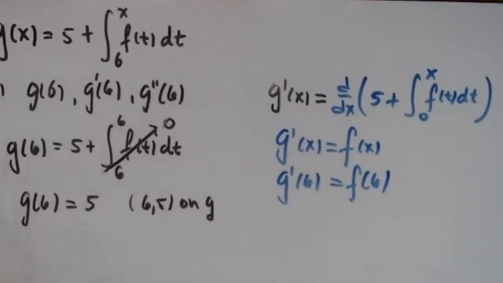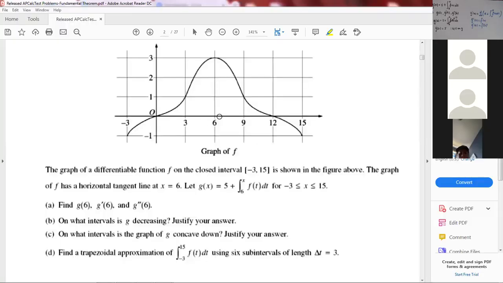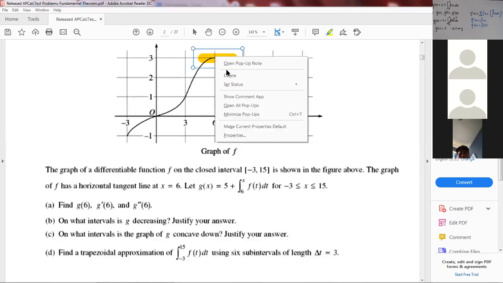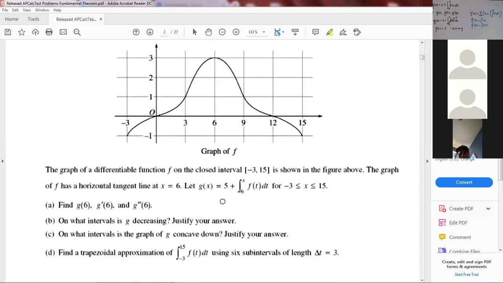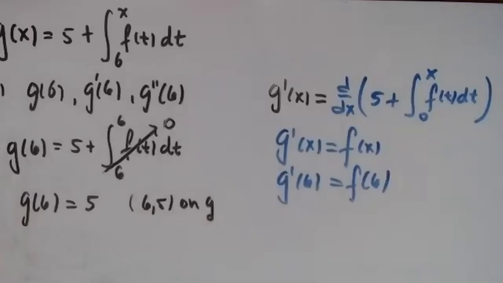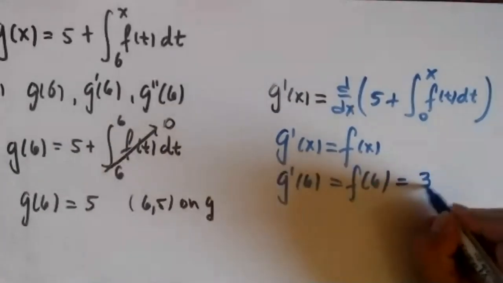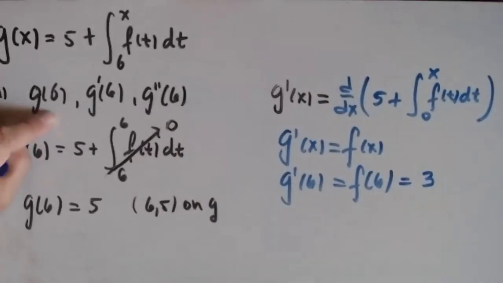Now, I have to check here, you see, what is the value of this function at 6? 3. Correct. It is a 3, so I just put that value on my problem. This is 3. Okay. Question 1, question 2.